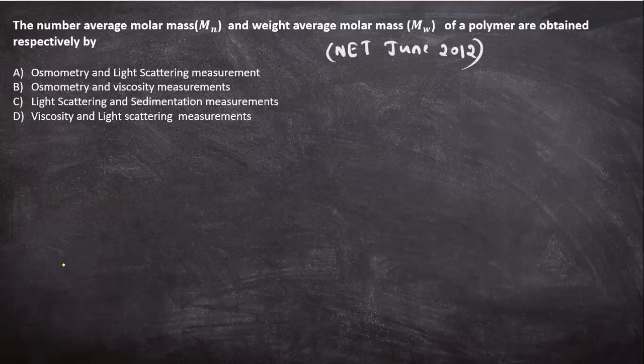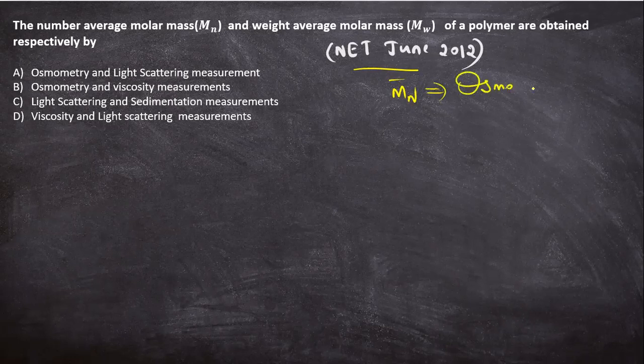In NET December 2012, they asked a question based on the method of determination. So always remember: Mn, the number average molar mass, is determined by the osmometry method.